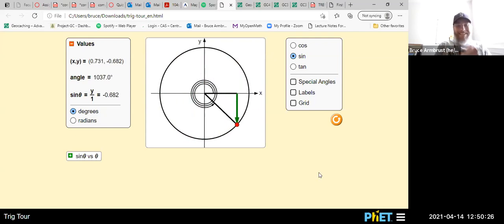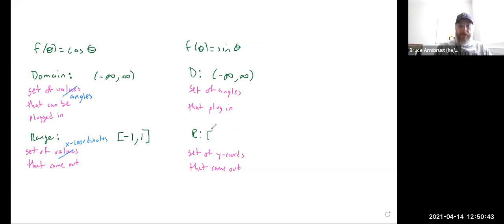Notice it's doing exactly the same thing as the cosine did. The y coordinates just keep bouncing back and forth between plus and minus 1. And so we actually see the identical range. For the range of sine, it's also going to be -1 to 1, because as you go around in that circle, your y coordinates are somewhere between those values.